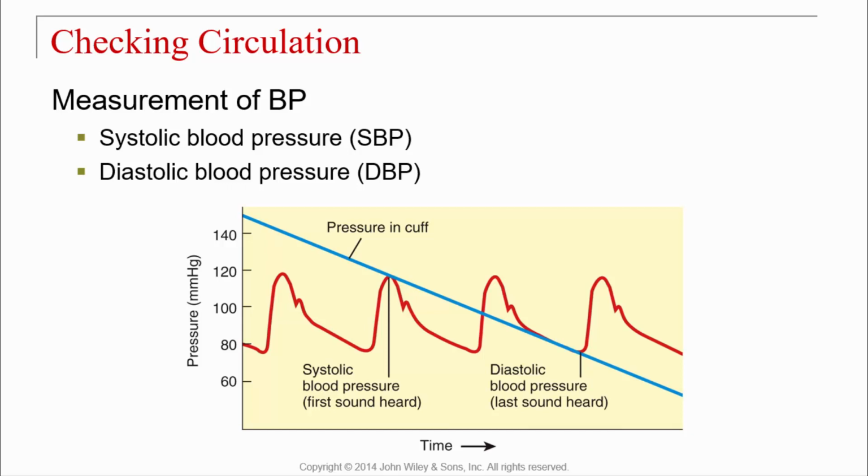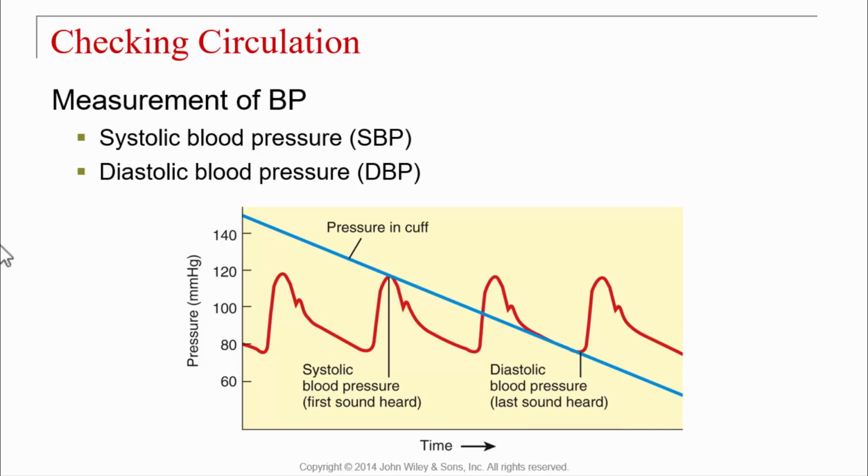Okay? And when we're listening, first of all, we put a blood pressure cuff on. We pump that blood pressure cuff up, and it acts as a tourniquet, cutting off the blood flow. We put a stethoscope, usually over the brachial artery, at the antecubital fossa, in other words, the bend of your elbow.